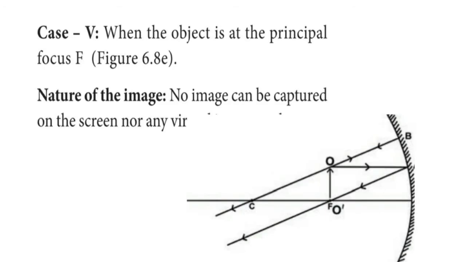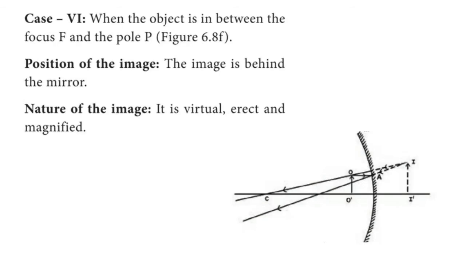Case 5. When the object is at the principal focus F. So now the object is kept on the principal focus F. Nature of the image: no image can be captured on the screen, nor can any virtual image be seen. Finally, case 6. When the object is in between the focus F and the pole P, the position of the image is behind the mirror.